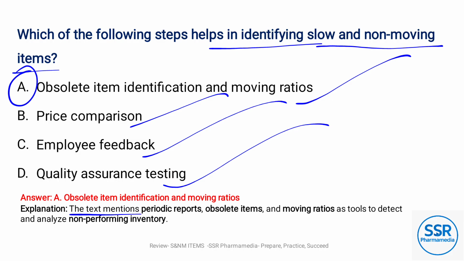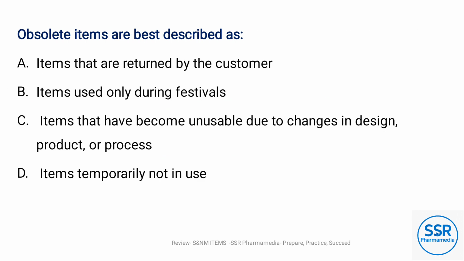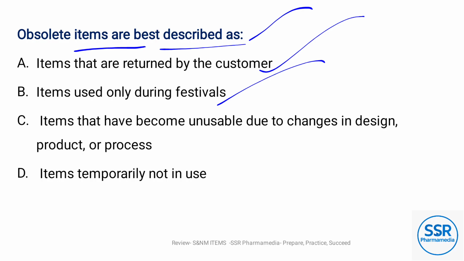The text mentions periodic reports, absolute items and moving ratio as tools to detect and analyze non-performing inventory. So, next question. Absolute items are best described as: Option A. Items that are returned by customer. Option B. Items used only during festival.